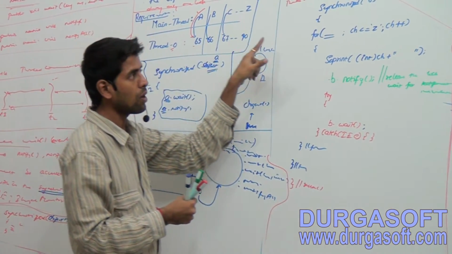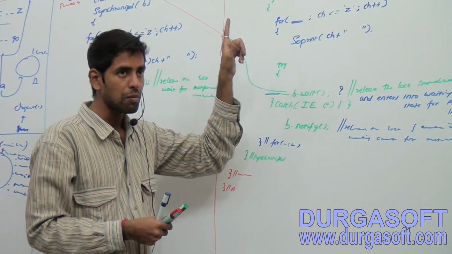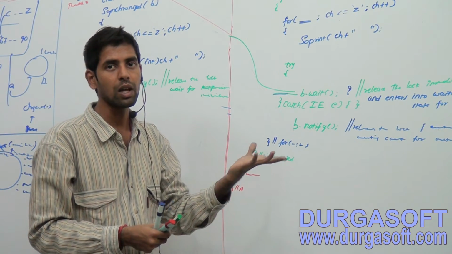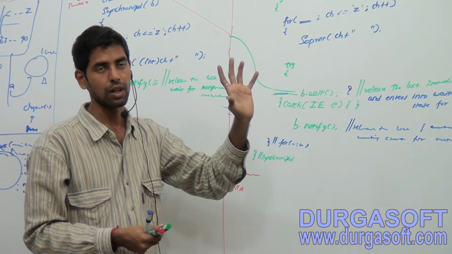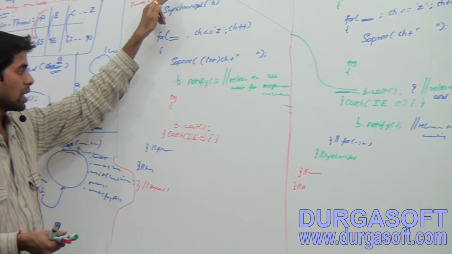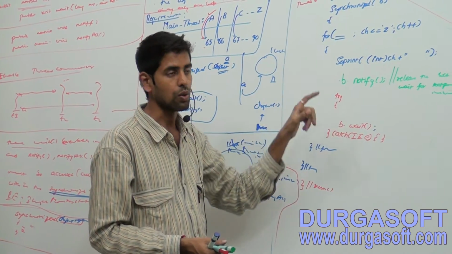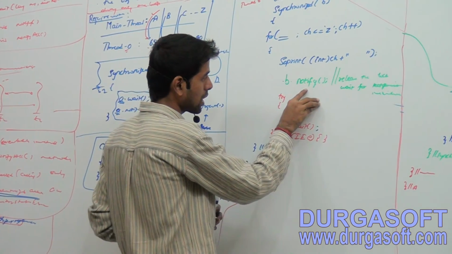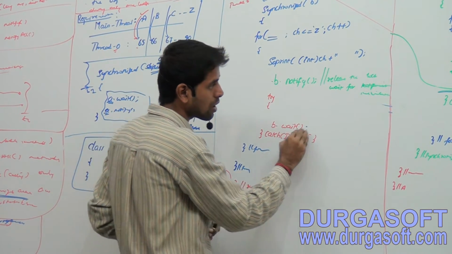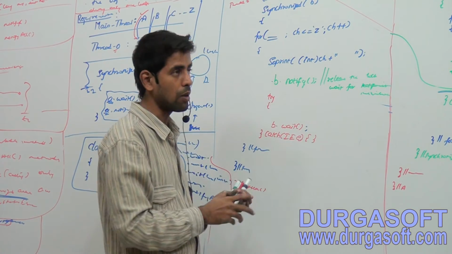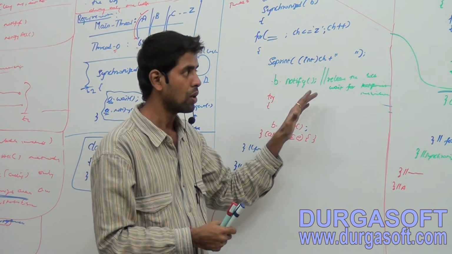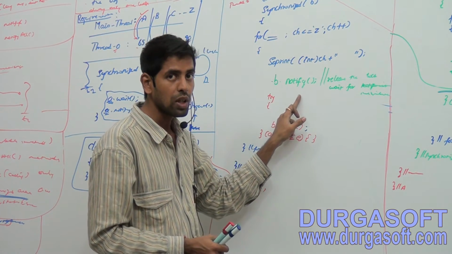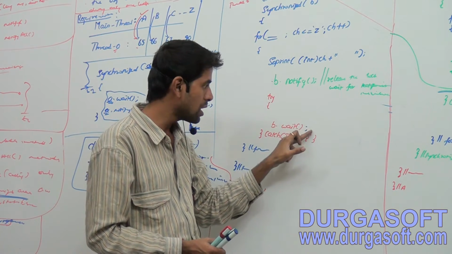Now after printing B, it will execute wait. Now it will release the lock and wait for updation by the other thread. Now the control will come back here. Even the wait method here will release the lock. That's why after performing notification, only after calling the wait method will the control come here. I think I made a mistake earlier. Observe, first the control will come from here, it will perform notification, and it will not release the lock immediately; here it will release the lock.